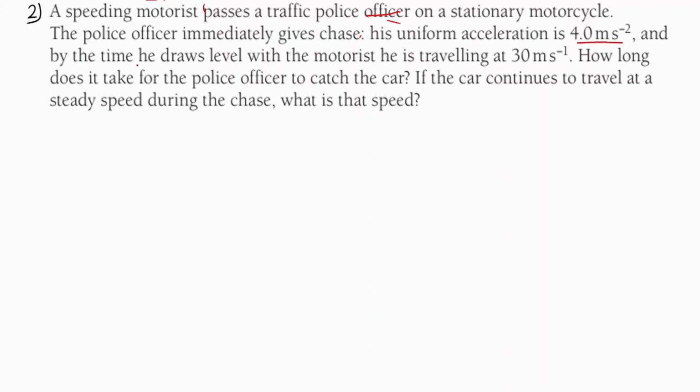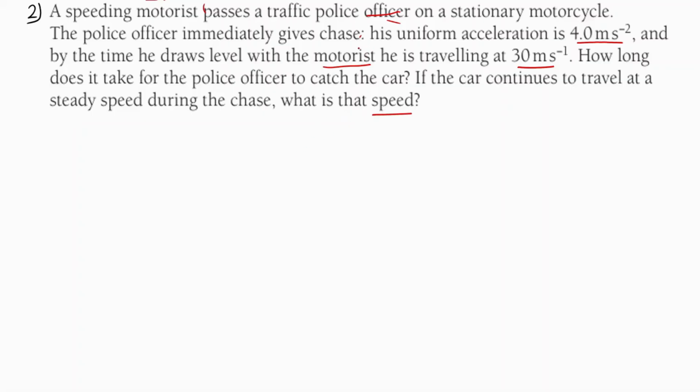And by the time he draws level with the motorist, he is traveling at 30 meter per second. How long does it take for the police officer to catch the car? The second question is if the car continues to travel at steady speed during the chase, what is that speed?